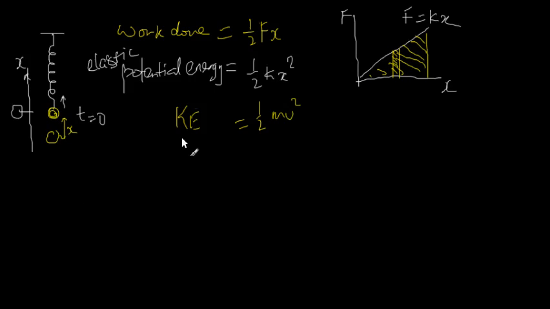Instead, I would have kinetic energy, since as it goes past the rest position, it has the maximum velocity, meaning that the potential energy has been converted to kinetic energy. And if it overshoots the rest position, it will slow down again. As it overshoots, it will compress the spring, so it does work on the spring, and this work is again converted into potential energy.